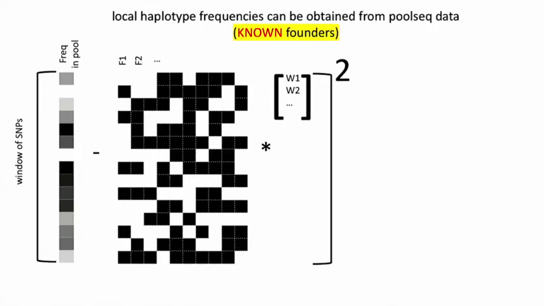So how do we estimate the frequencies of the founders? There are several methods out there, including the Novembre paper. We prefer to do it using a linear modeling approach, because I think there's lots of weirdness that can happen with real data that you have to be careful of. But it's pretty simple, actually. Imagine you have pool-seq data, and we're looking at a string of SNPs in the genome for some window. You have the frequency of, say, the reference allele in the pool for a bunch of SNPs. The darker colors would be closer to the reference allele being 1, and the lighter colors, the reference allele being 0.